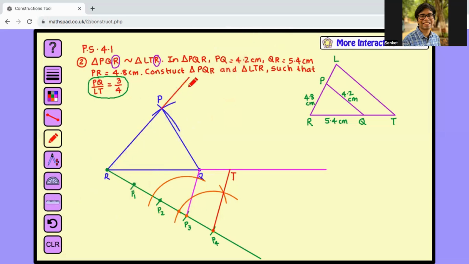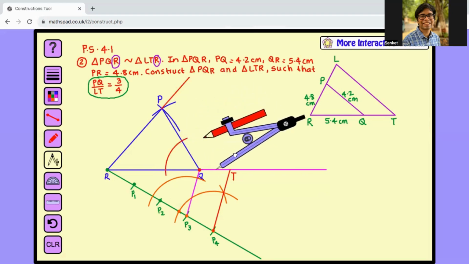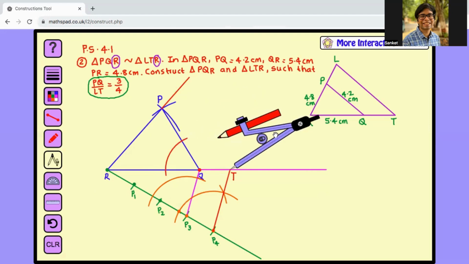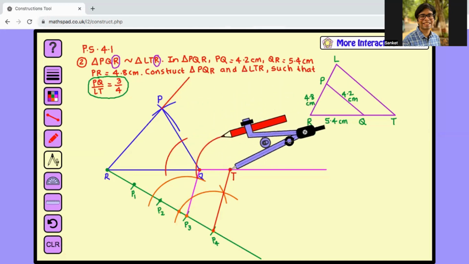I extended this side and keeping the scale away, fix that distance, make an arc, then put the compass at point T, take the same distance, make an arc.